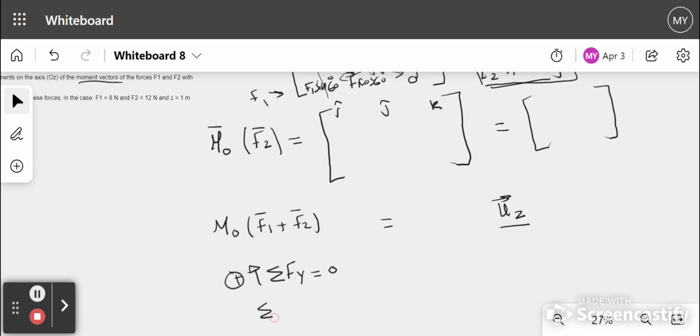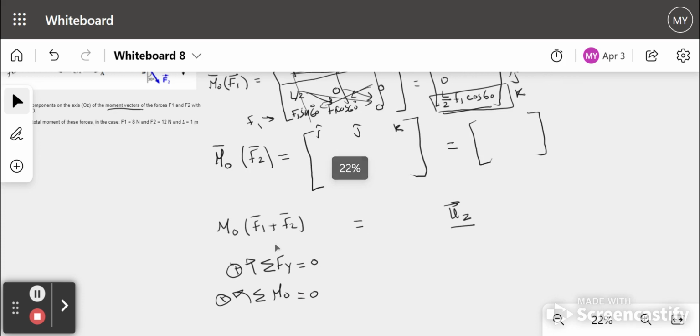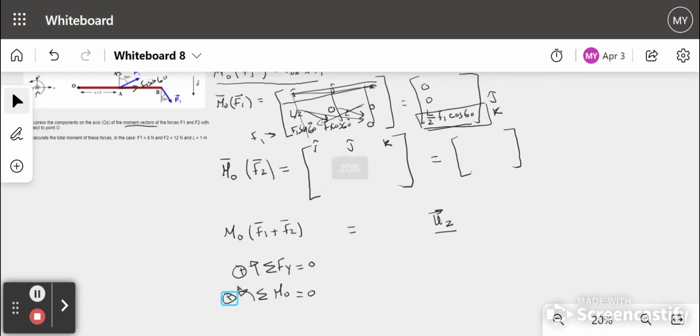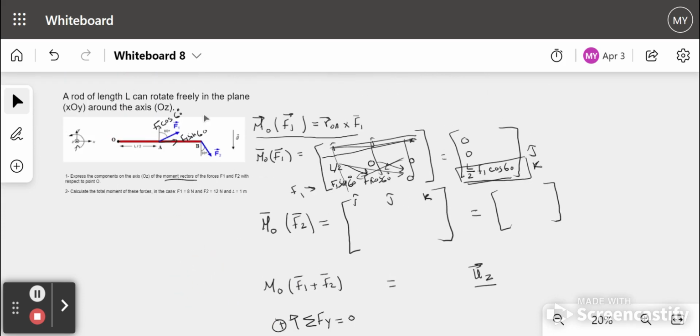And you can also do the sum of moment at point O in, let's say, the anti-clockwise direction is equal to 0. And then you start doing this, assuming that anti-clockwise is positive. Then you can see here which direction these forces make the system rotate.